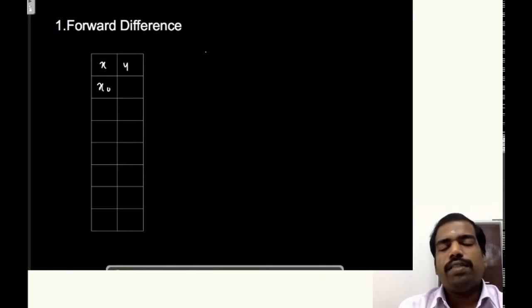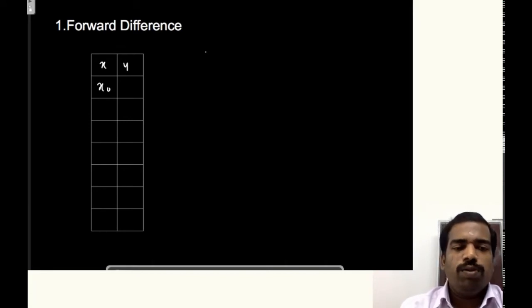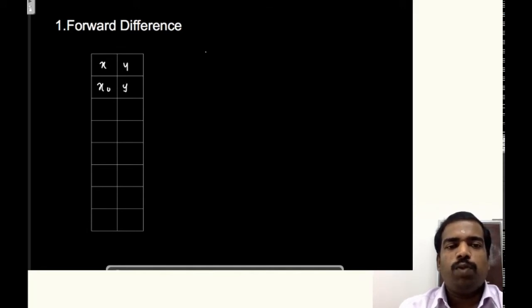In some cases we change it, but in most cases we use x0 as the first x value, and corresponding to x0 we have y0. So this is the first point, x0, y0, and the second point, x1, y1, and the third point, x2, y2, x3, y3, x4, y4, and so on.